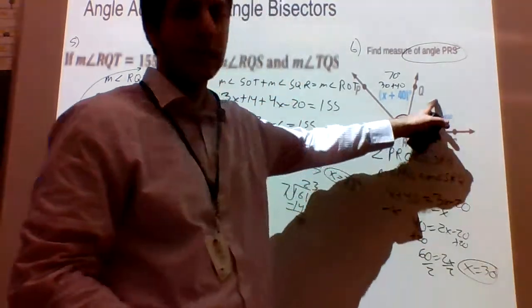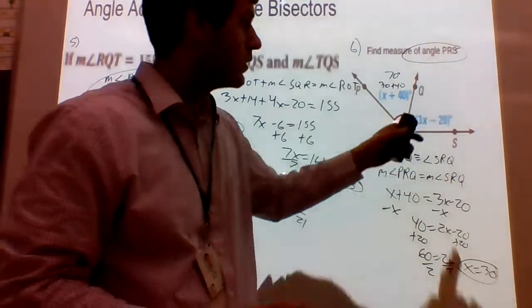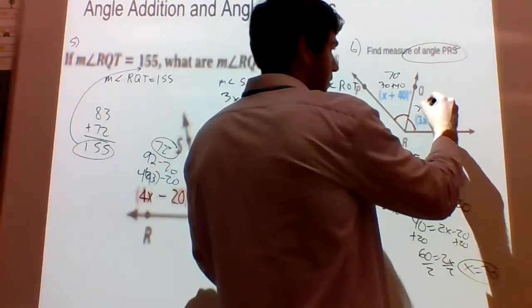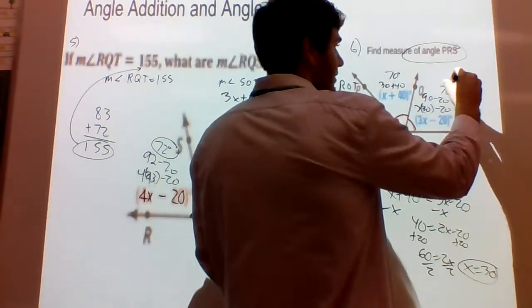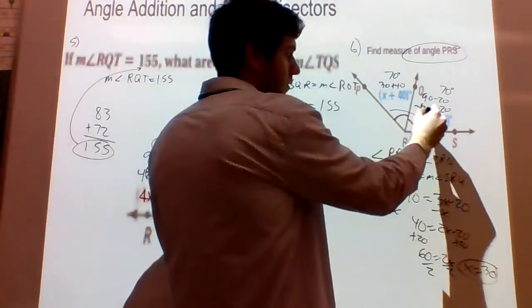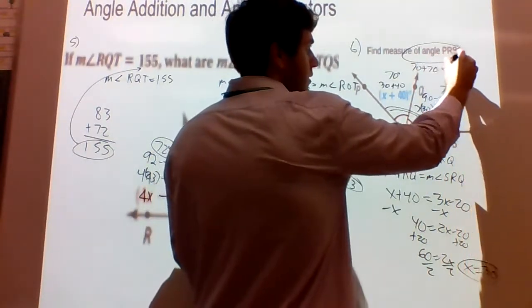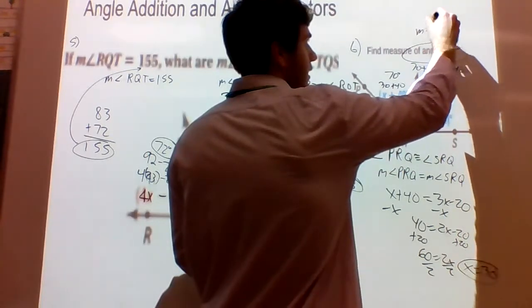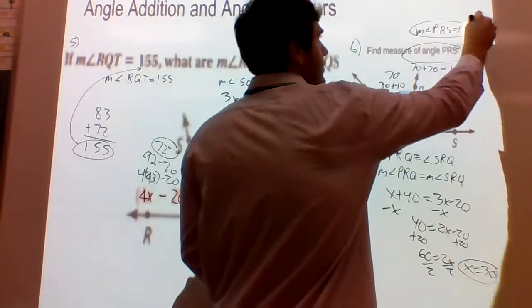We know this one's going to be 70 because they're equal, but let's plug it in anyway. 3 times 30 minus 20 is 90 minus 20, which is 70 degrees. So the whole thing is going to be 70 plus 70, which is 140. So the measure of angle PRS equals 140 degrees.